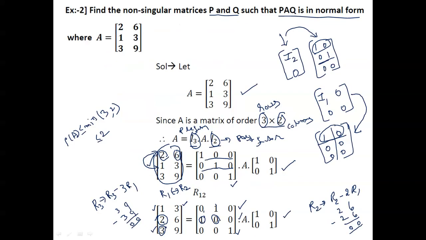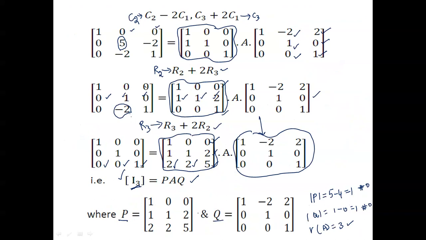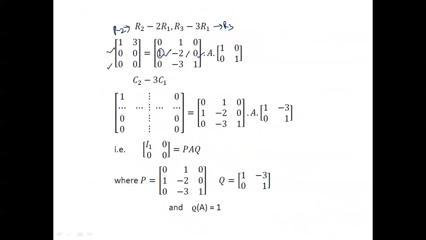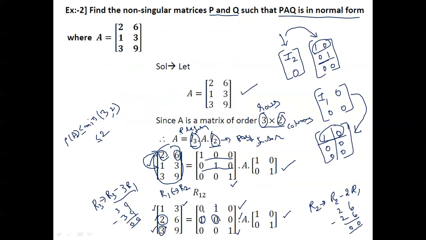In the same way, here R3 tends to R3 minus 3 R1. So 0 minus 3 into 0 is 0.